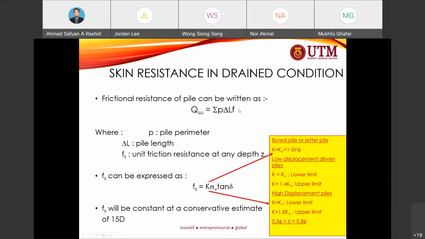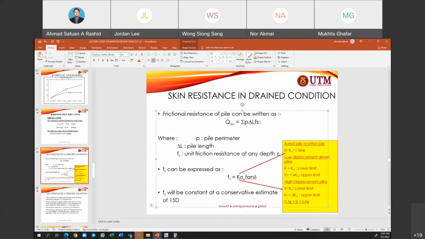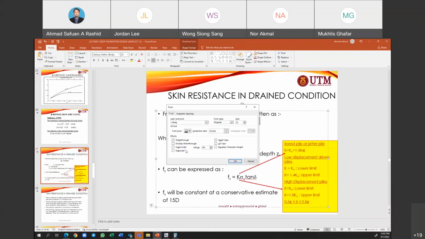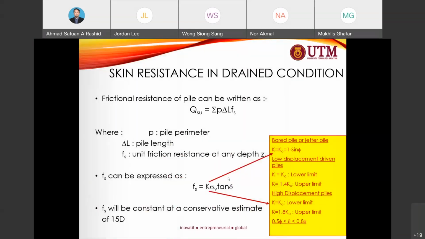They missed Fs here. So pile perimeter, pile length, Fs, unit friction. Fs can be expressed here. So that is the Fs.